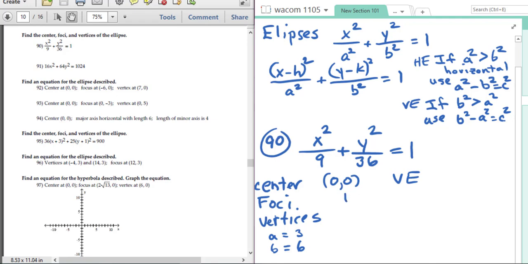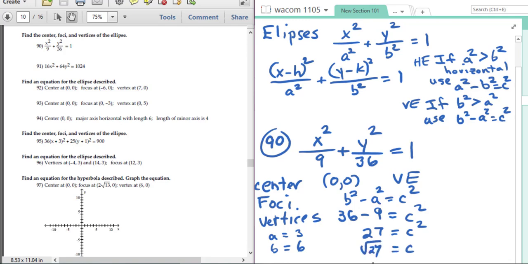So 36 minus 9 equals c squared. 36 minus 9 is 27, so 27 equals c squared, but we want c. c will be the square root of 27.